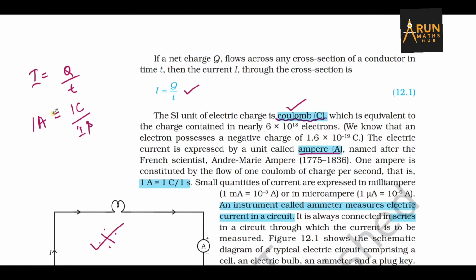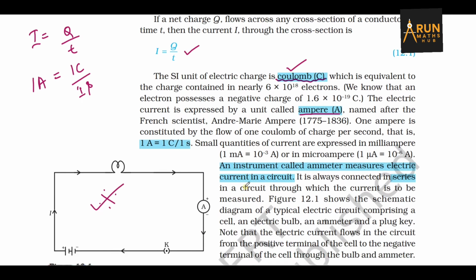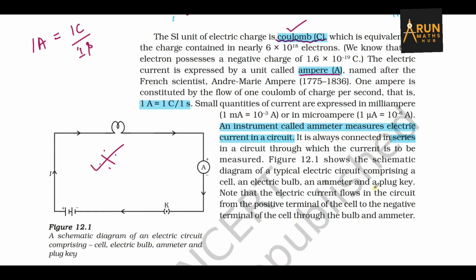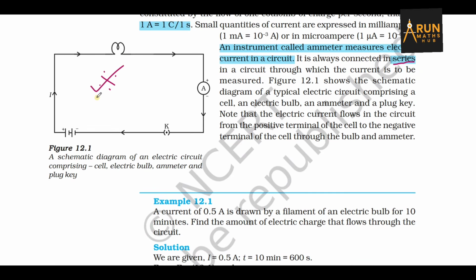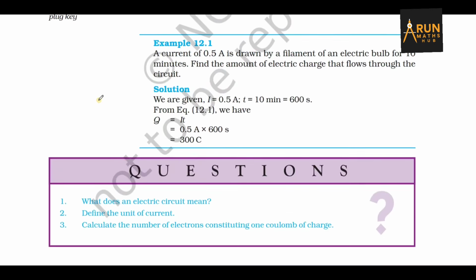Then the definition of 1 ampere, that is 1 coulomb per 1 second, and the instrument used to measure the electric current in a circuit is the ammeter, and it is always connected in series in the circuit. And the important diagram, the simple electric circuit.